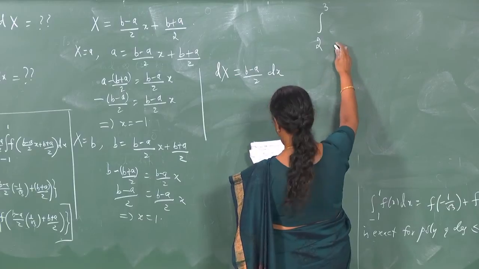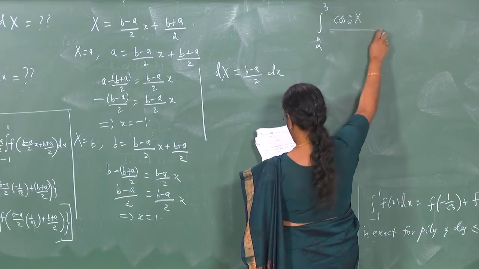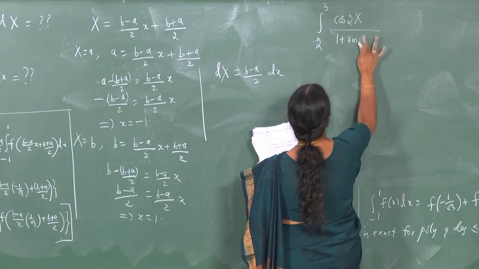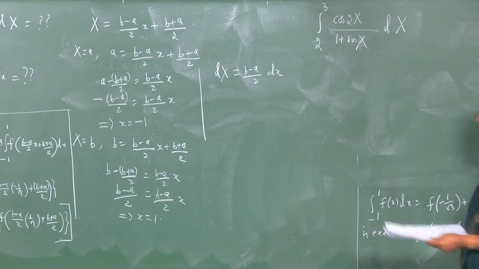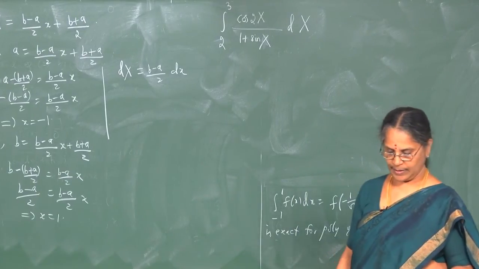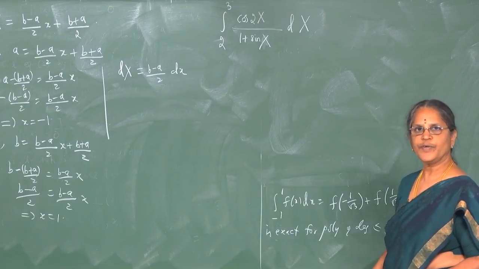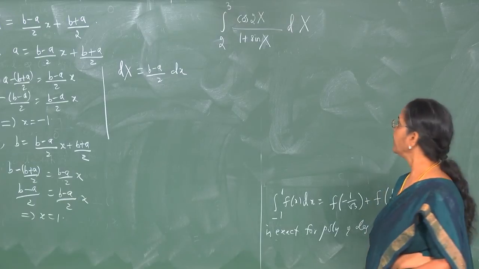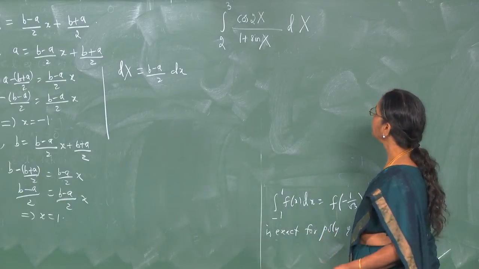So, integral 2 to 3 cos 2x by 1 plus sin x, integration with respect to x, using Gauss quadrature method with n is equal to 2. So, we call this as Gauss 2-point quadrature formula. So, evaluate this integral using Gauss 2-point integration method.